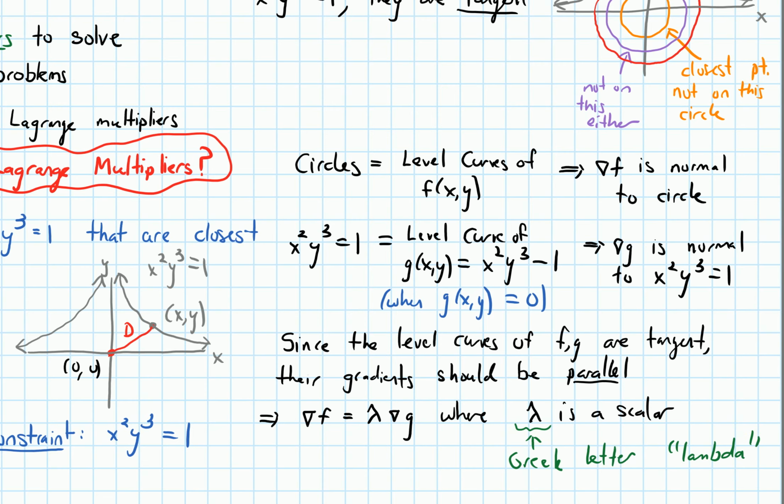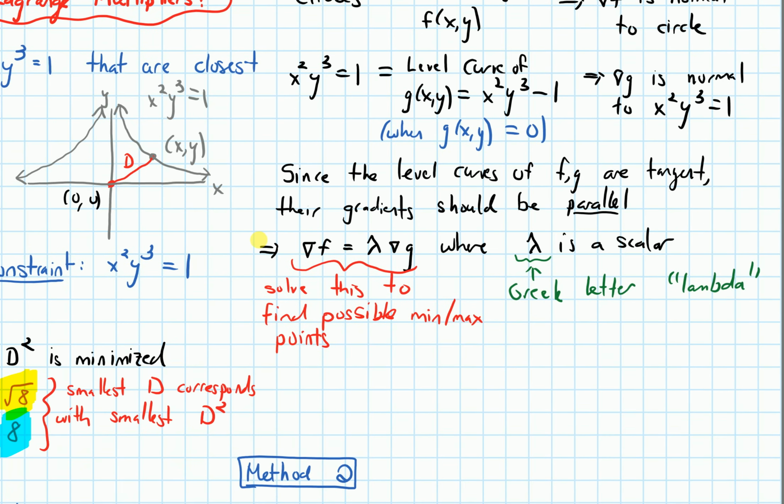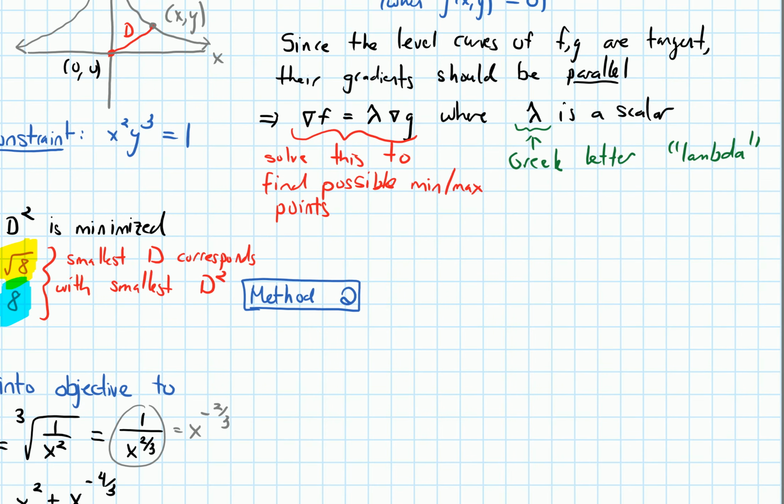Our idea is going to be, now that we have this equation involving gradients, we will solve this to find possible min and max points. This is going to constitute our second method. Method 2 is to solve this equation, gradient of f equals lambda times gradient of g.